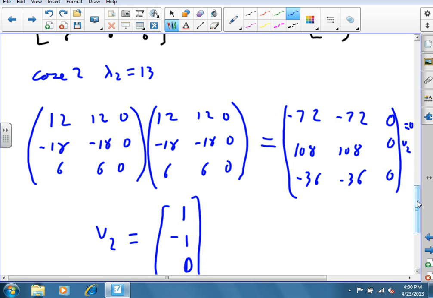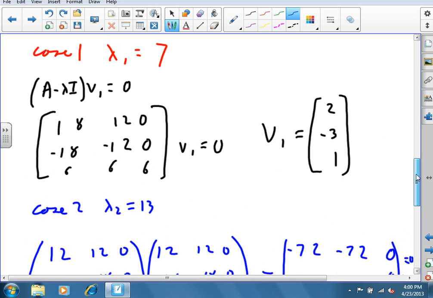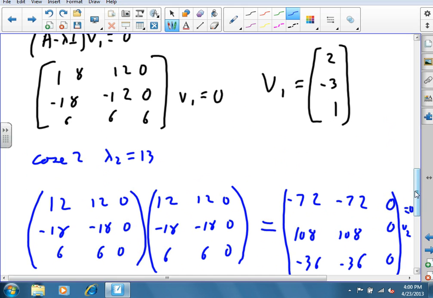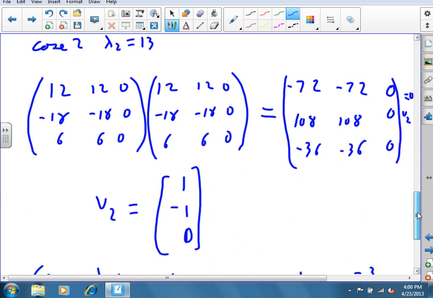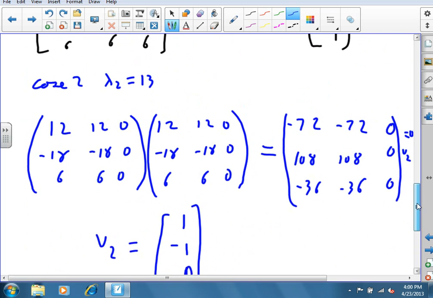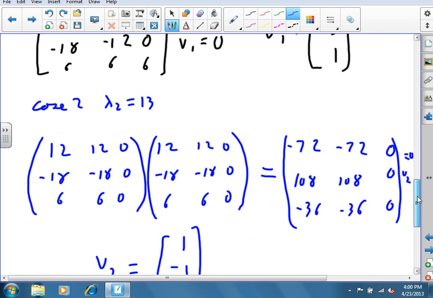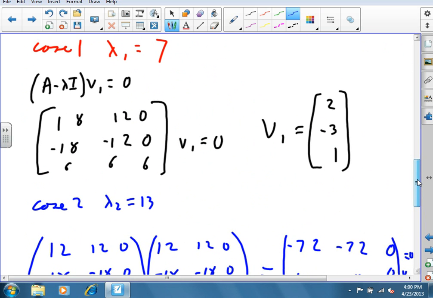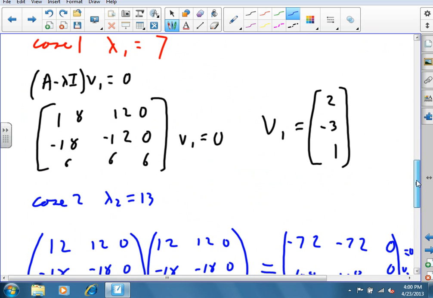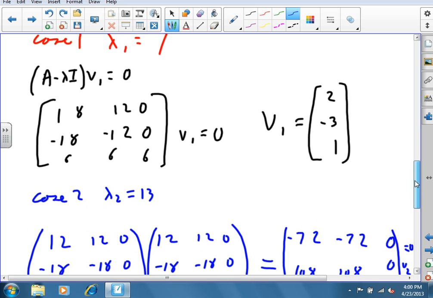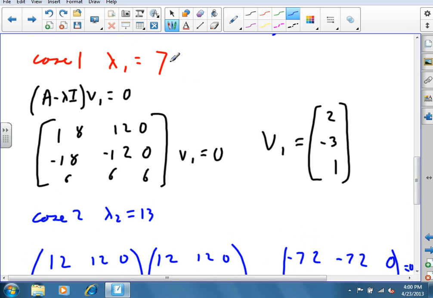Now, your V2 and my V2 and my V1 and the author's V1 could be different things. That's true. Okay, so are you talking about the vector with the t in it, or the vector with the e to the 7t in it? The e to the 7t guy, I had 2, minus 3, 1.